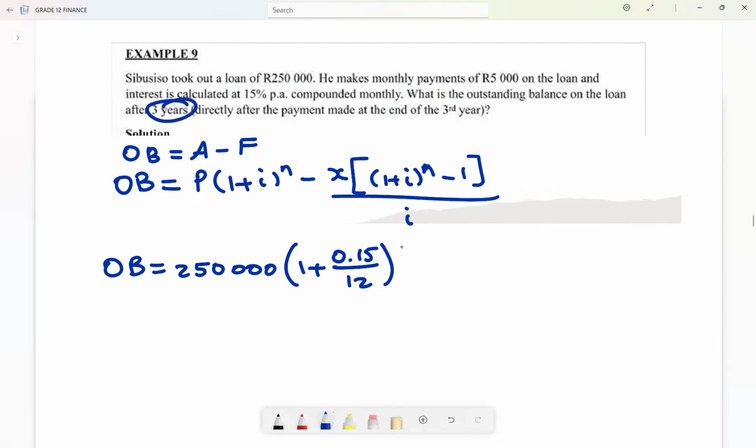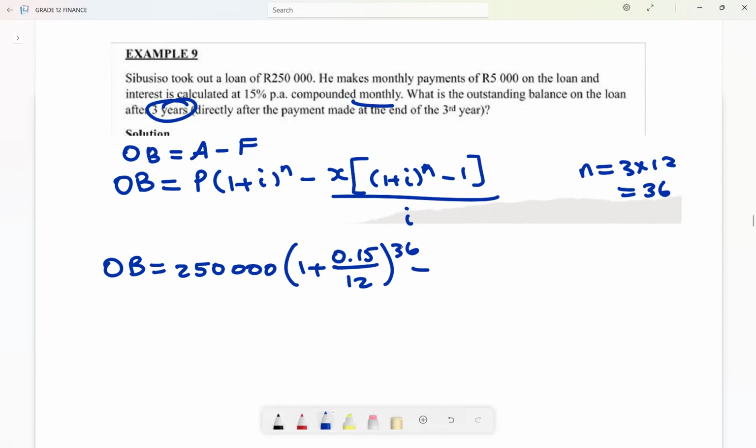Supposed to be paid over 3 years. So N is going to be 3 times compounded monthly, 12. So it's going to be 3 times 12, which is how much? Which is in actual fact 48. I'm lying, 36. 36, okay?